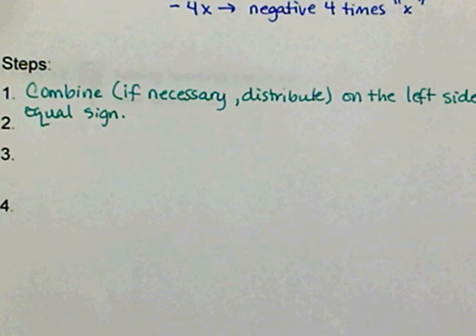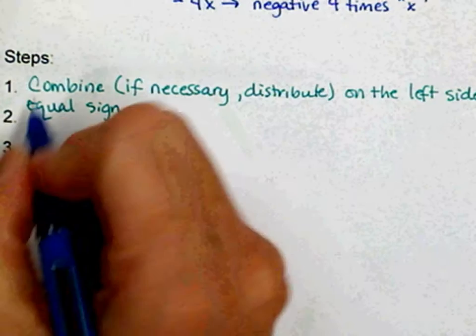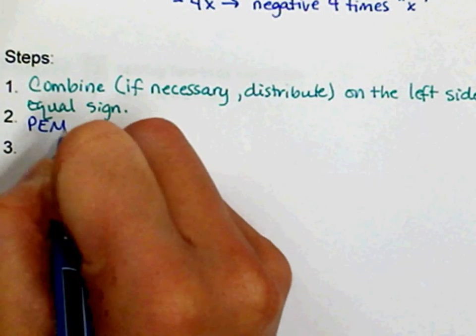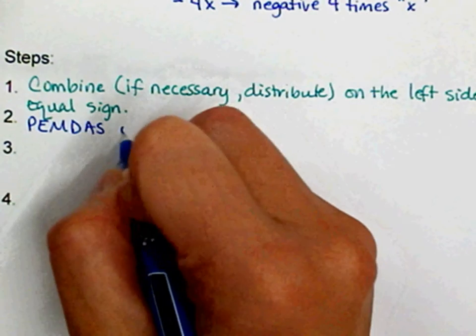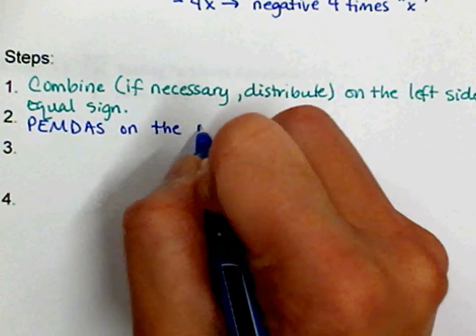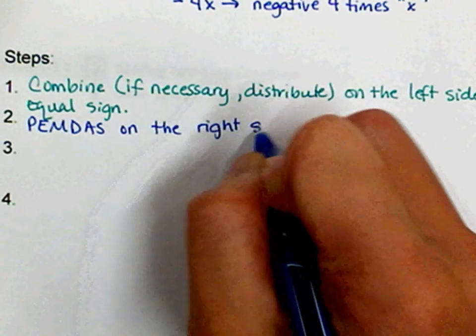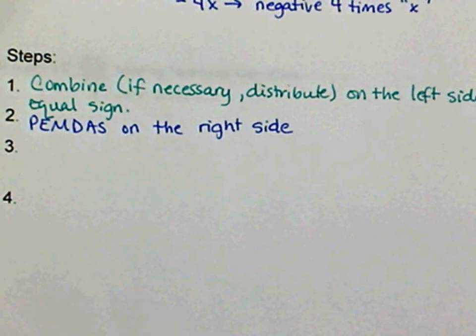Then you look on the right side of the equal sign. You're going to do PEMDAS, same thing as what I write up here. PEMDAS on the right side. Remember PEMDAS?